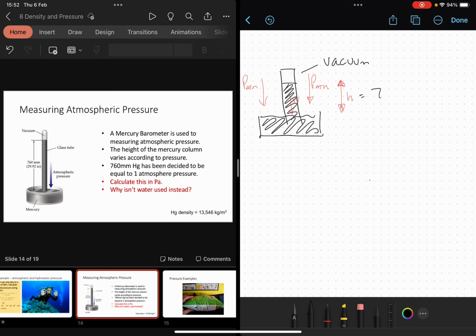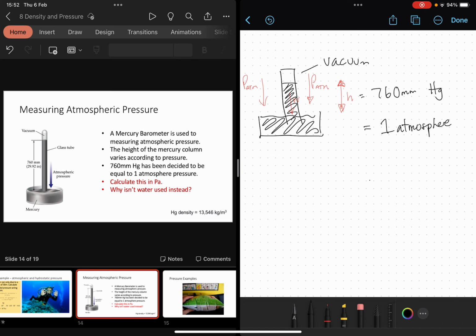And from that, a definition of atmospheric pressure was derived. That was referred to as 1 atmosphere of pressure. So if the atmospheric pressure was 1 atmosphere, you were being told that it was able to support 760 millimeters of mercury.